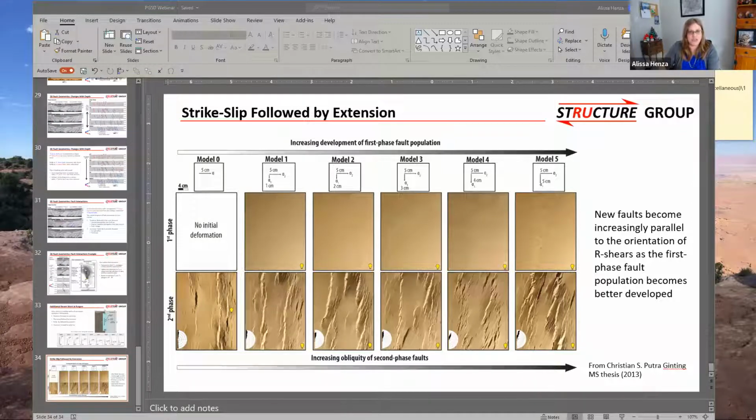When it came to the first series, I did not do any quantification of the differences between the first phase, other than to look and see that they looked generally to be similar, just because anytime you run any model of clay or sand, you're going to get some variability in where the faults appear, in length and displacement.